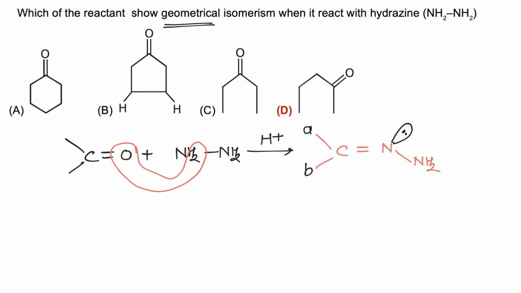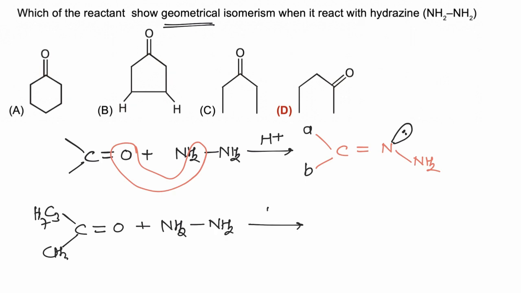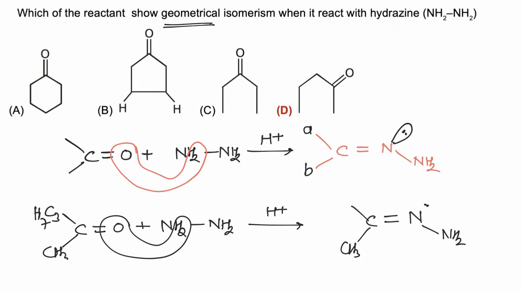Now in the fourth case, one group attached is CH3 and one is a propyl group, C3H7, on reacting with hydrazine, a water molecule is eliminated, and after removal of the water molecule this will be converted to C double bond N NH2, CH3 is present at one side, and a three carbon group CH2 CH2 CH3 is present.